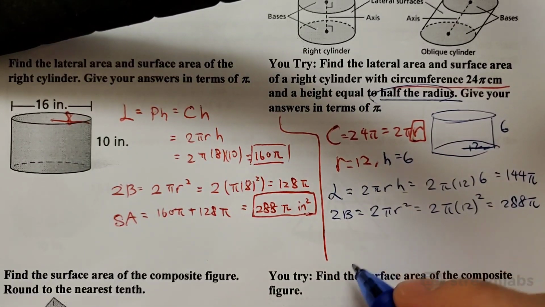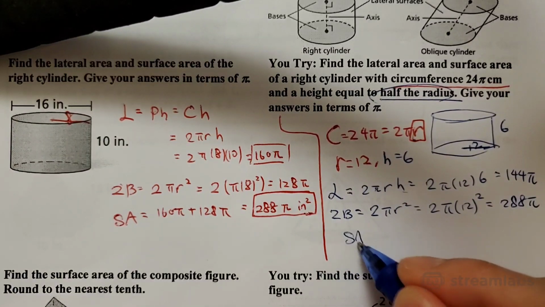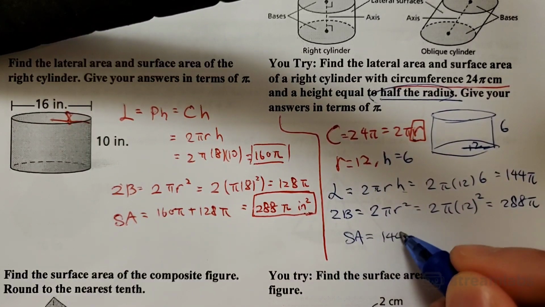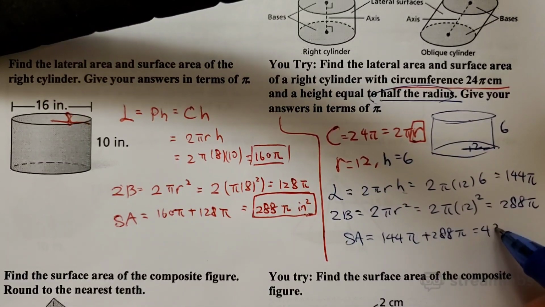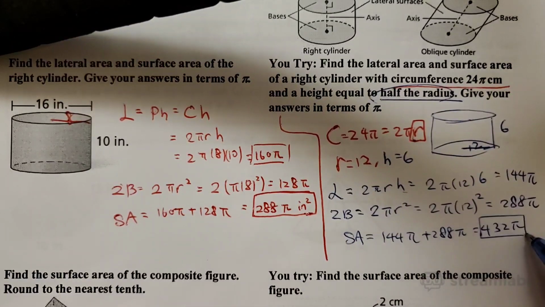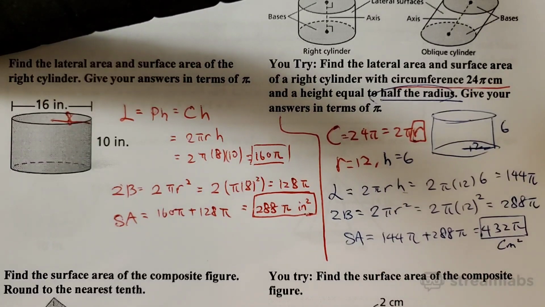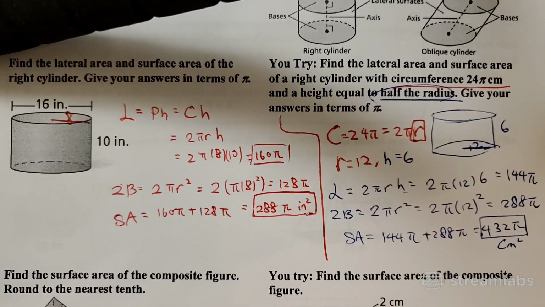Add them up. All right. So that's 432 pi centimeters squared. Okay, centimeters squared. So that's cylinder.